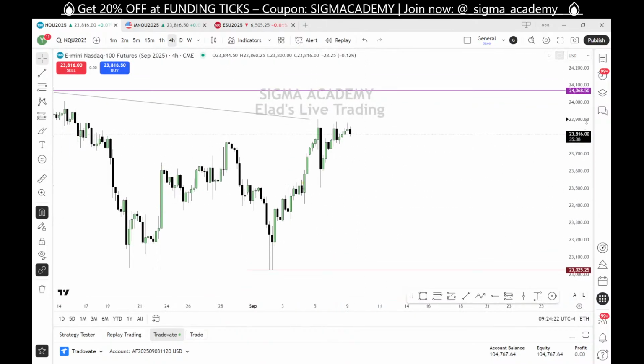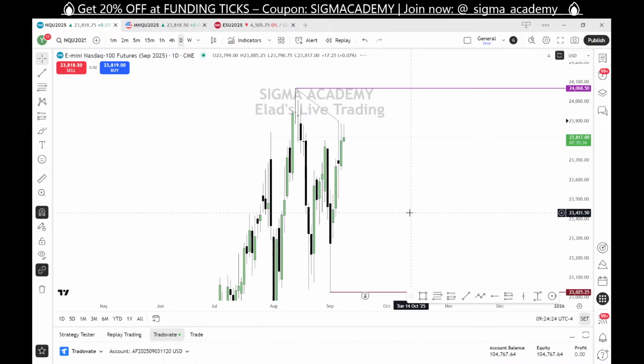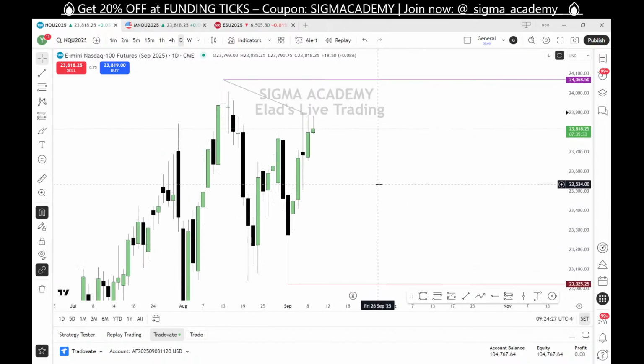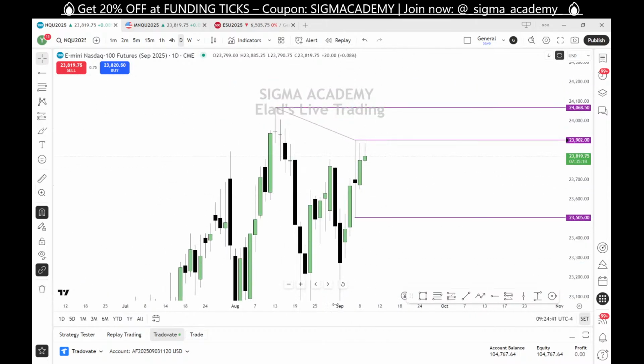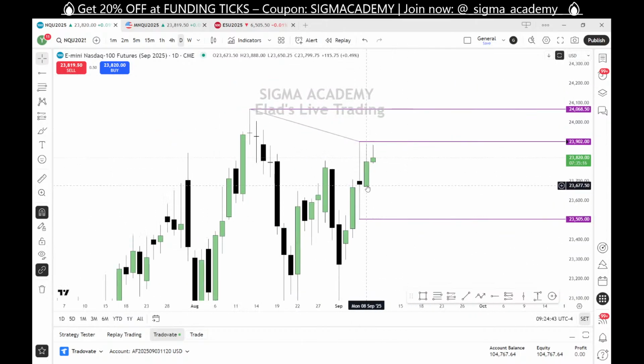On the 4 hour, first of all, I want to mark Friday's low and high. Mark it with purple as a high liquidity right here. As you can see, on Monday, we have been trading inside Friday's range.